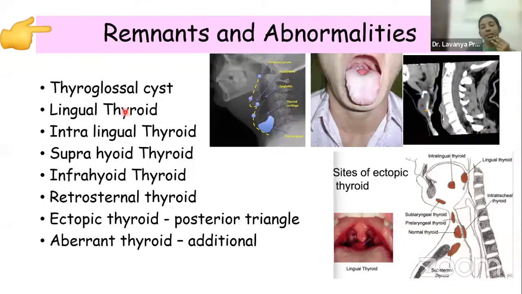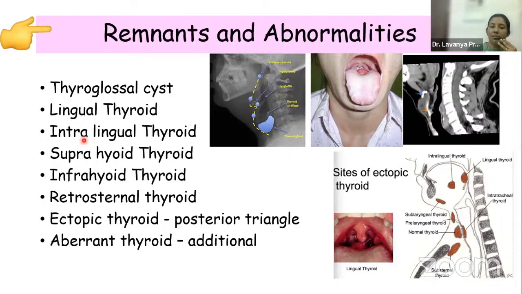Another anomaly is the lingual thyroid. If the thyroglossal duct fails to evaginate, or fails to descend down to the upper part of the trachea, wherever the bilobed structure forms, and if the descending fails and the bilobed structure begins to form at the level of the lingual tissue itself, then we call it the lingual thyroid.